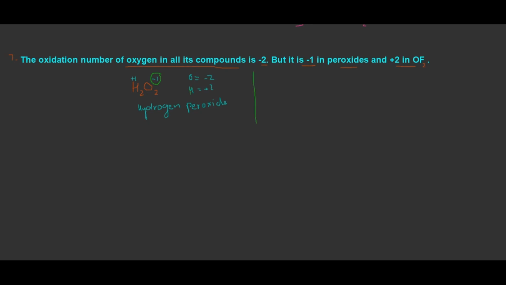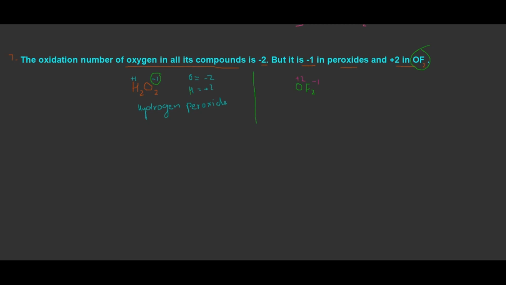Now if we have OF2, this is oxygen difluoride. In this case fluorine has -1 charge and oxygen has +2 charge.